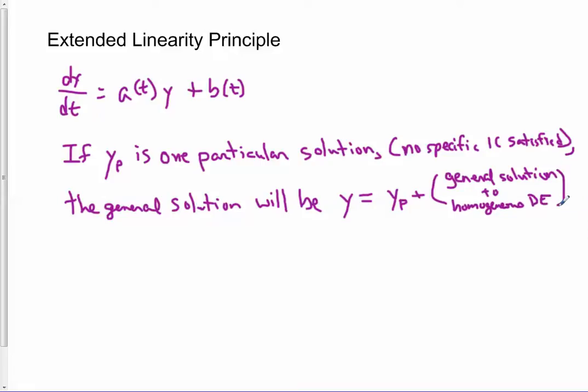And when I say corresponding, what I mean is it's got the same a of t as the one you're working on, but you just drop the b of t. Just drop the b of t, okay?